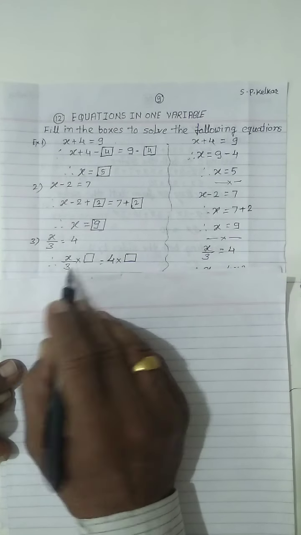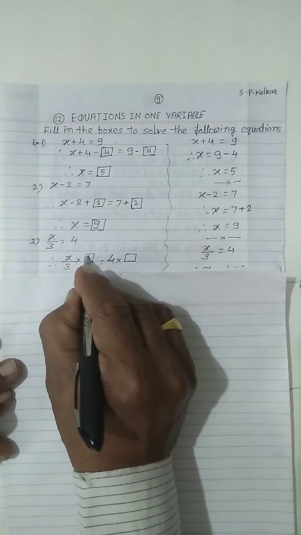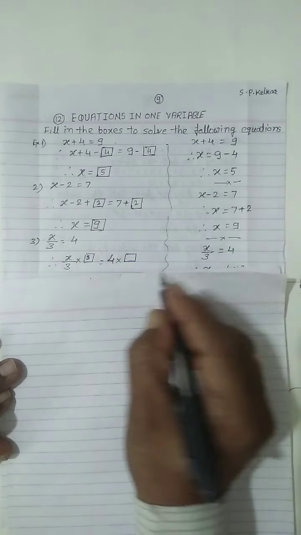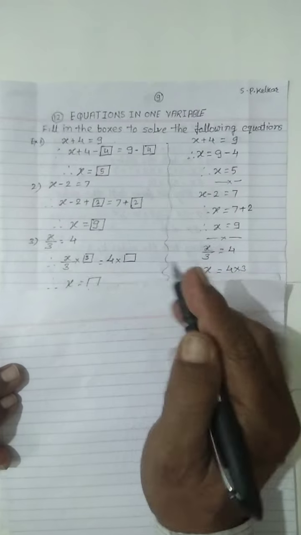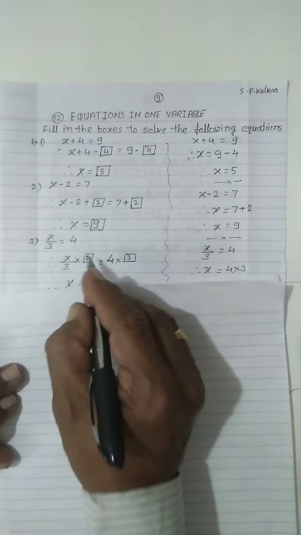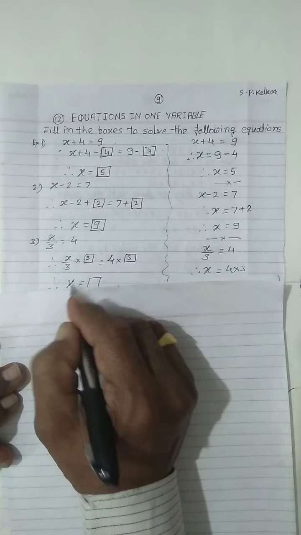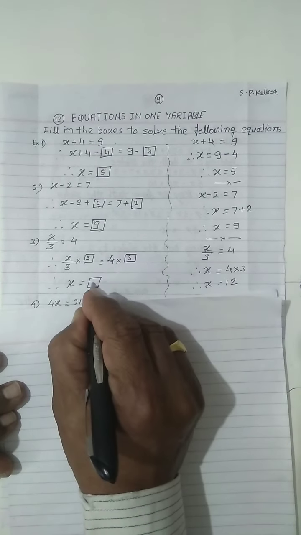So x divided by 3 into 3. So on the left side we multiply by 3, then on the right side we again multiply by 3. So this 3 and this 3 cancel, so we get here x, and 4 into 3 is 12.